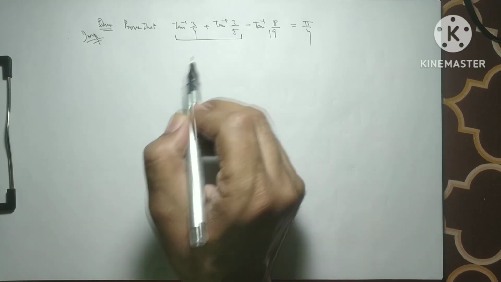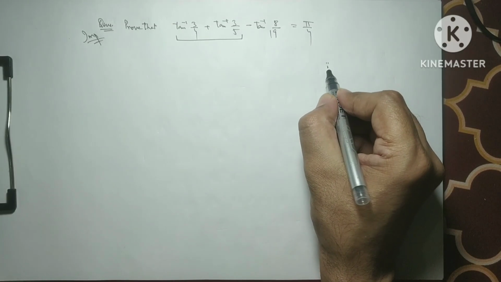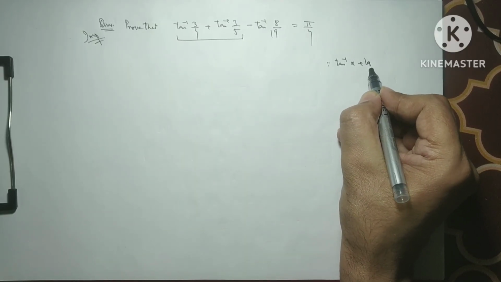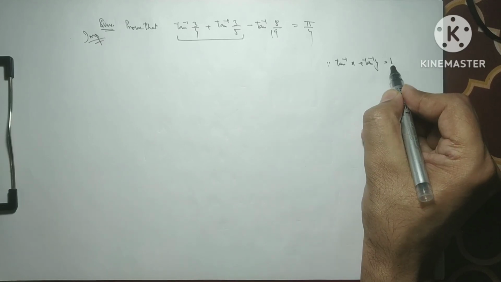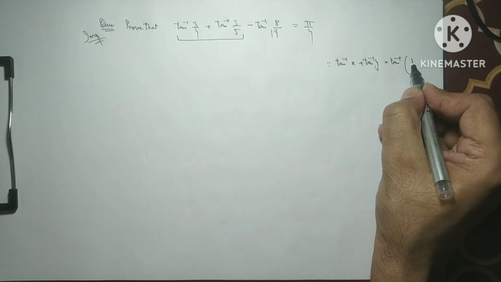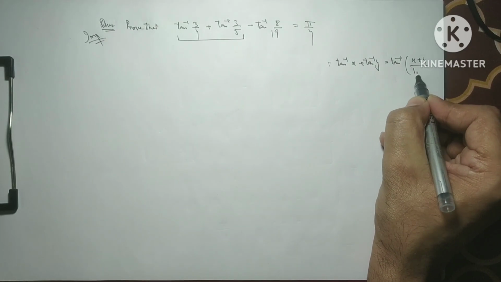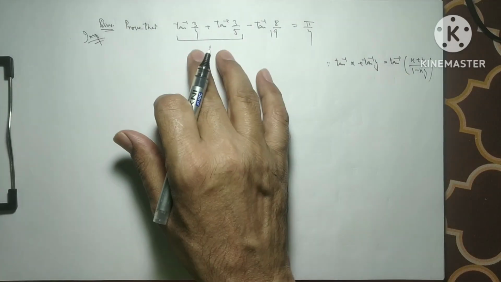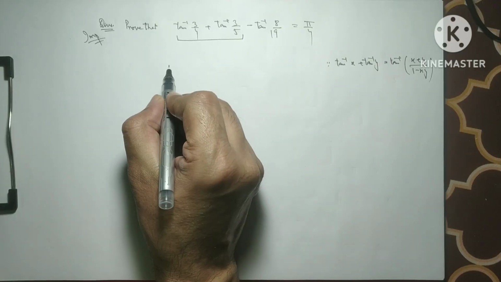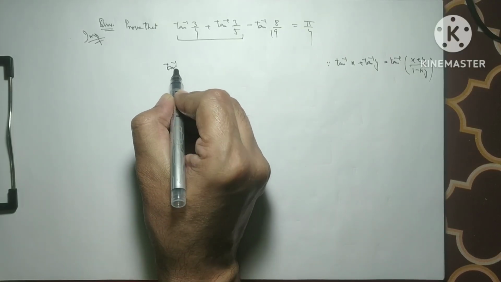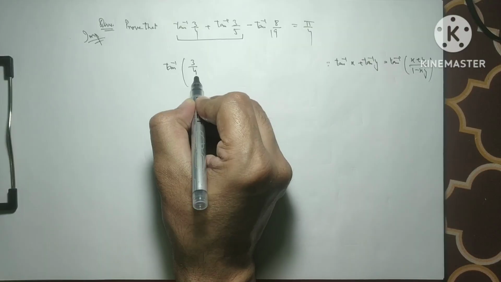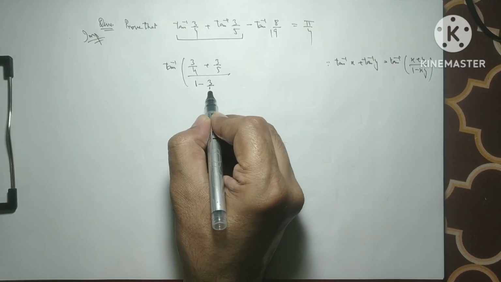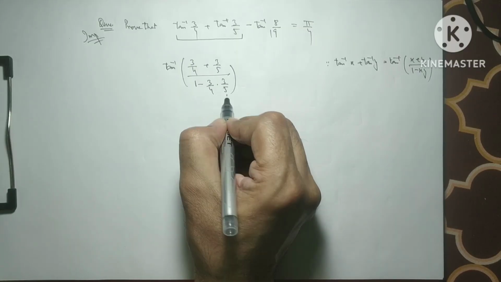Right now we are taking this. So we have the formula, or you can say theorem, tan inverse x plus tan inverse y equals tan inverse of x plus y over 1 minus xy. So we apply this in these two. So it becomes tan inverse of 3 by 4 plus 3 by 5 over 1 minus 3 by 4 into 3 by 5.